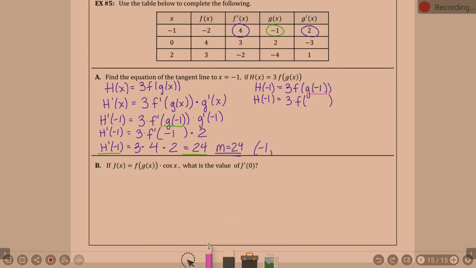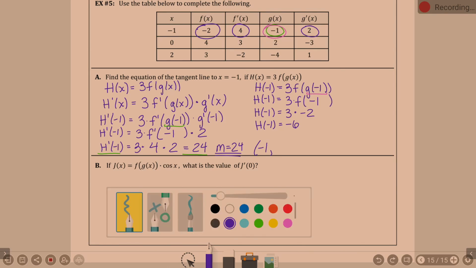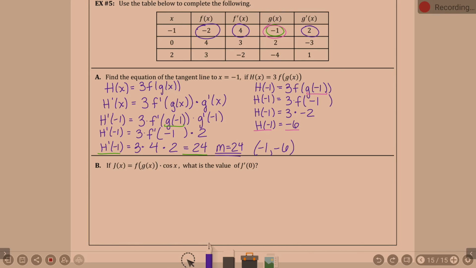We did that already. So that is -1. And then you're doing 3 times f of -1. What's f of -1? -2. 3 times negative 2 is negative 6. And so what's that tell me? My point is negative 1, negative 6.